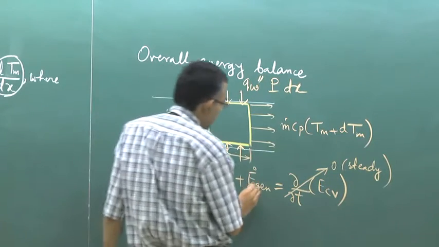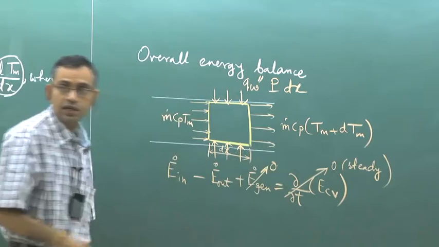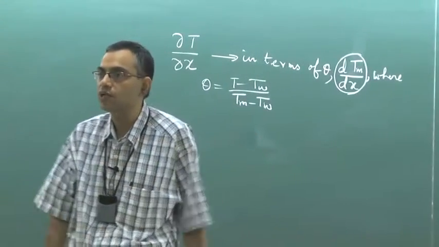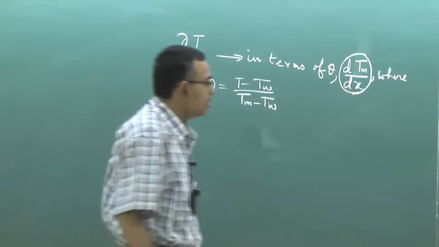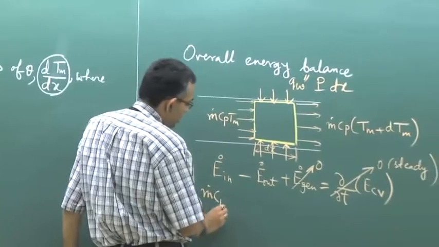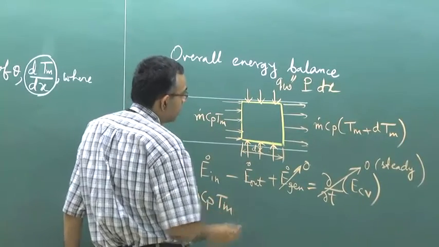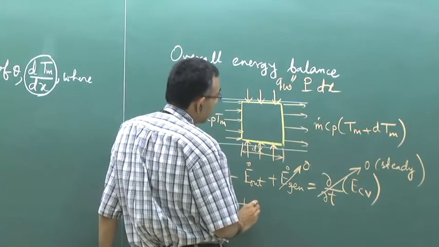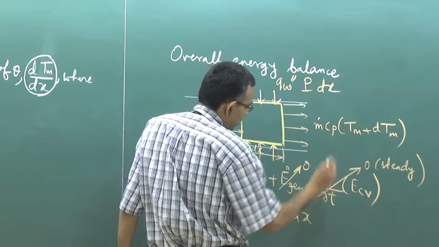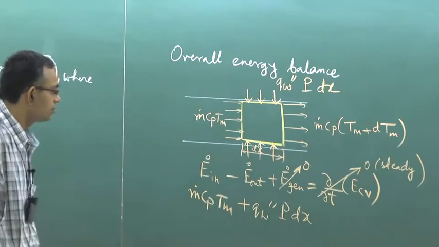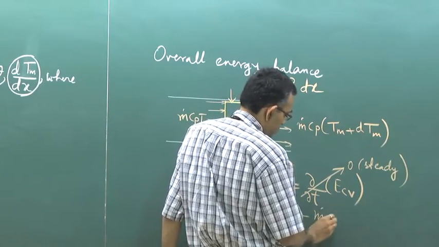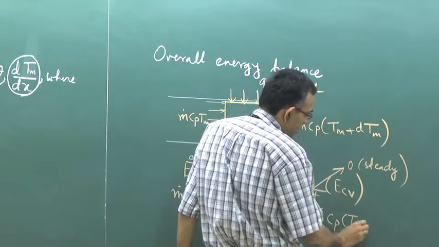Rate of energy generation is 0, that we are not considering in this problem. If there is some rate of energy generation, we can accommodate it in this formulation very easily. Rate of energy in is m dot Cp Tm plus q double prime P dx. What is the rate of energy out? m dot Cp (Tm plus dTm).